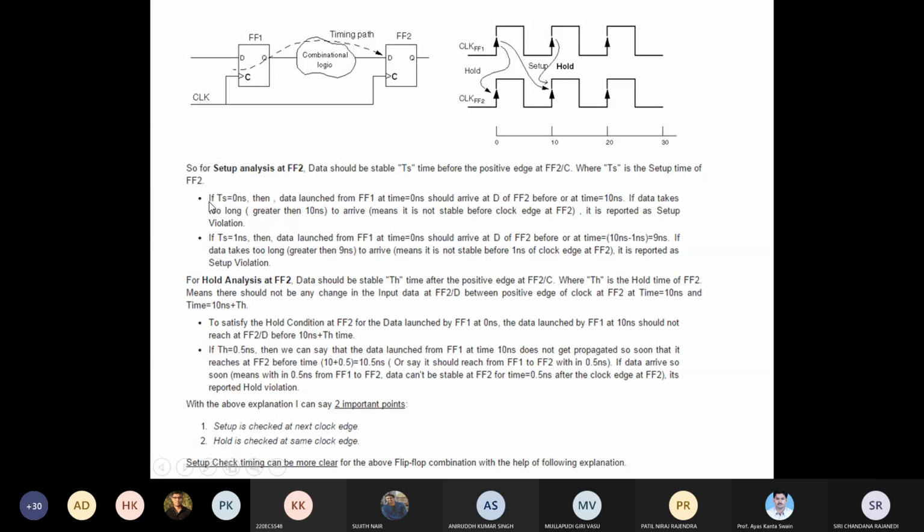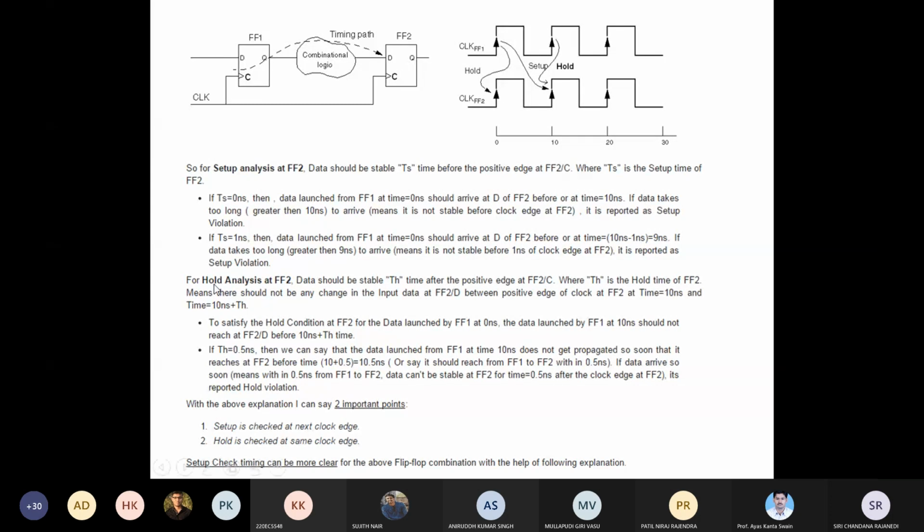Next, assume that TS is 0 nanosecond, an ideal case where setup time is 0. Then data launched from FF1 at time 0 nanosecond should arrive at D of FF2 before or at 10 nanosecond. Are you getting or not? If data takes longer than 10 nanosecond, then it is called a setup violation.